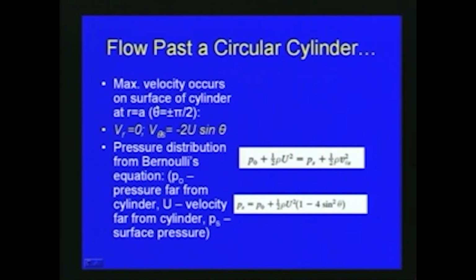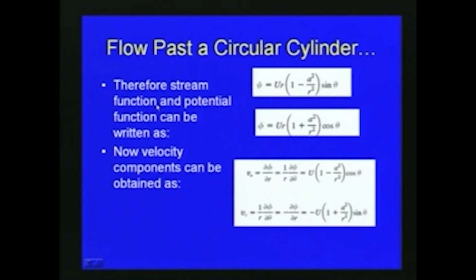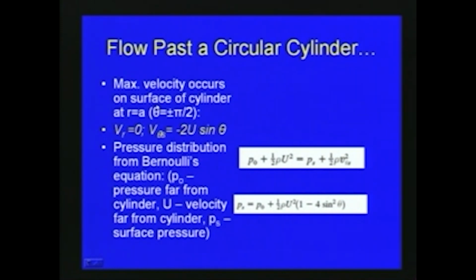So, with respect to this figure, we get the maximum velocity on the surface when r is equal to a and theta is plus or minus pi by 2. The radial velocity will be 0, and the surface tangential velocity V theta is equal to minus 2u sin theta, where u is the uniform flow velocity.